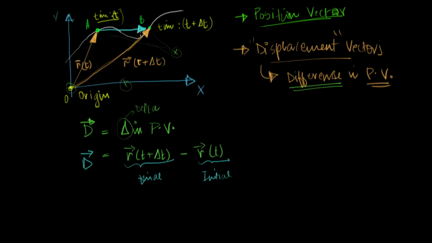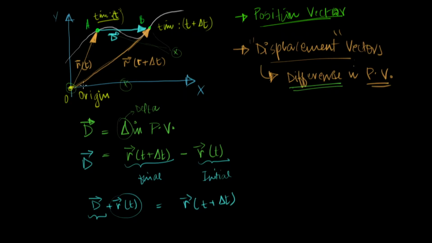And there's one very easy way to understand why this is the case. Consider what happens if you add r of t on both sides: you get r of t plus delta t. So you ask yourself, what vector must I add to r of t in order to get r of t plus delta t? You can look at the image and answer that.